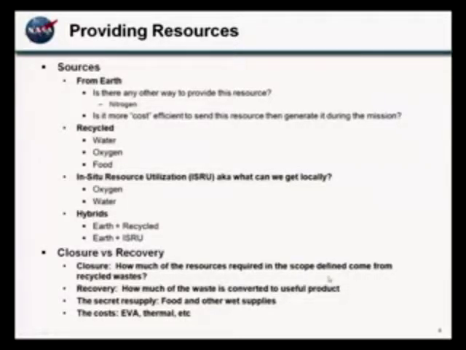Okay, so in this process, if you've added up all of the resources you need, you have to think about how you can get them. Even on a Mars mission, there's a lot of stuff that's going to be sent from Earth. The first question is, is there any way to get this resource besides sending it from Earth? Nitrogen is a classic example of something that's really the only option we consider.